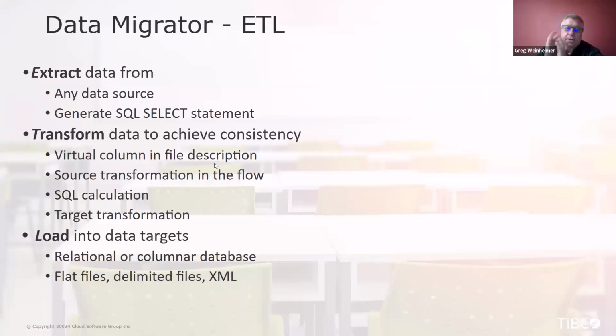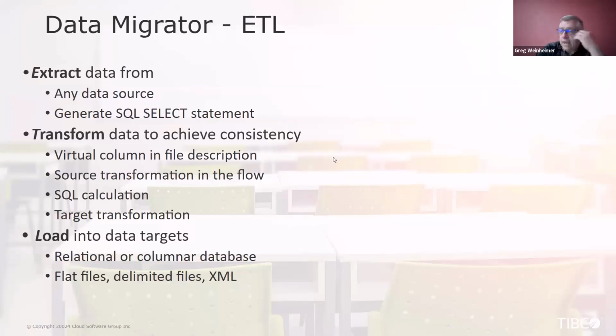Data Migrator. What is Data Migrator? As those of you who have used it, and again, I know there's a few of you on this call that have, it's an ETL tool. It extracts data from pretty much any data source, especially when you're talking IBI. We have lots of adapters. It generates SQL, allows you to transform that data in several different places, either in the source, in the SQL itself, or in the target.